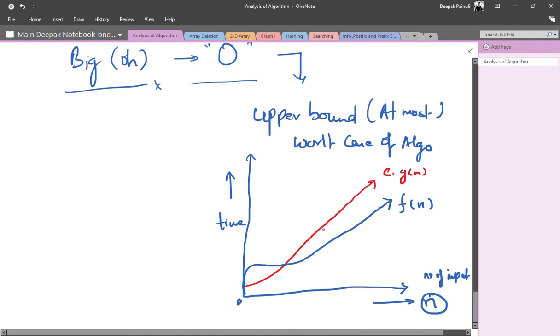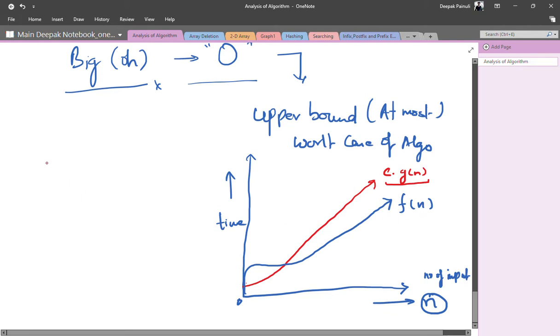If I am saying that g(n) is capping, as an upper bound, our existing function, then what will be the true case? The true case is that c·g(n) will always be greater than the basic function f(n), right?